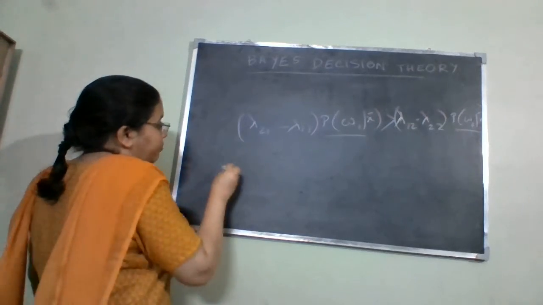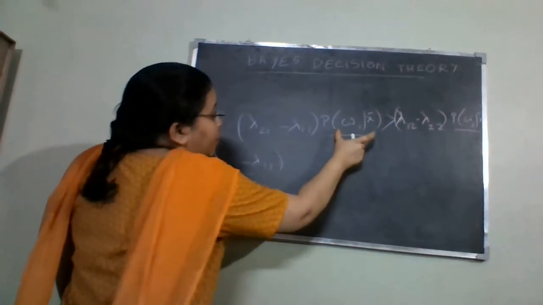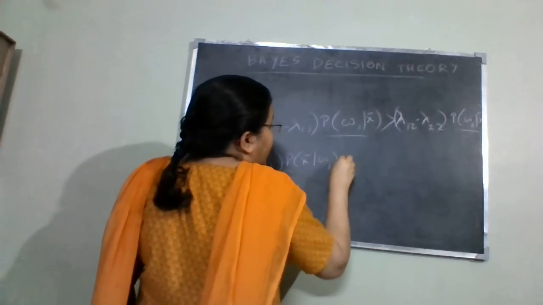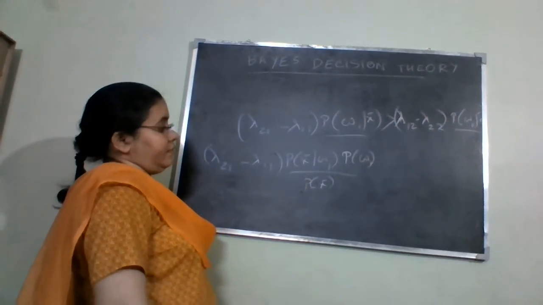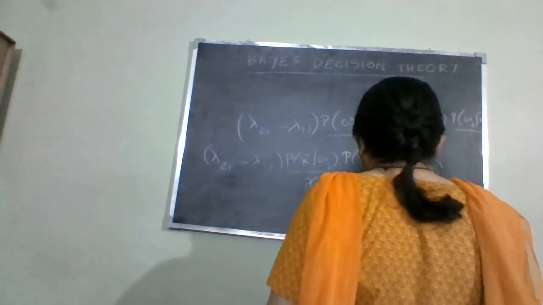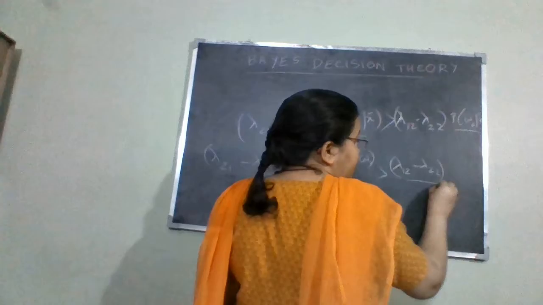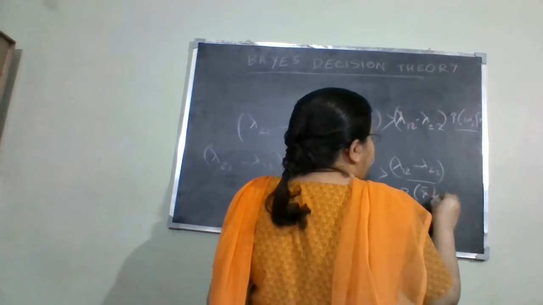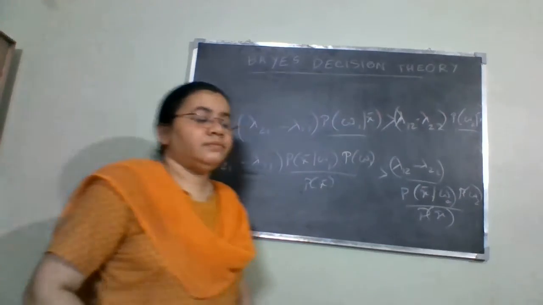So if I write it down freshly, lambda 21 minus lambda 11, now we can replace this by Bayes formula as p x bar slash omega 1 dot p omega 1 divided by p x bar, that is greater than lambda 12 minus lambda 22 dot p x bar slash omega 2 dot p omega 2 divided by p x bar. I have little space here, so I write this entire term over here, please don't confuse. This is as per Bayes formula.